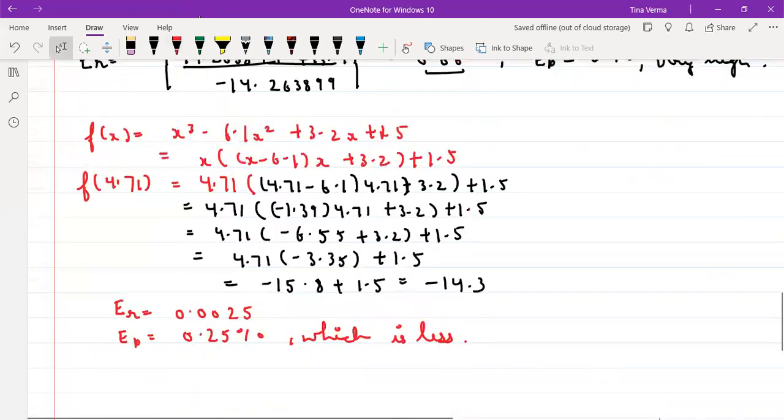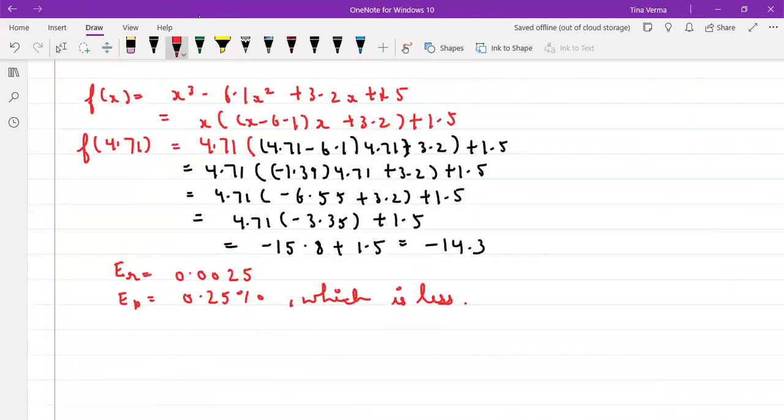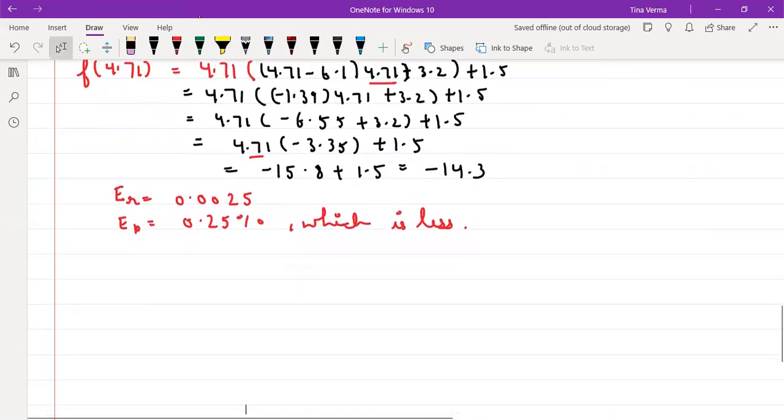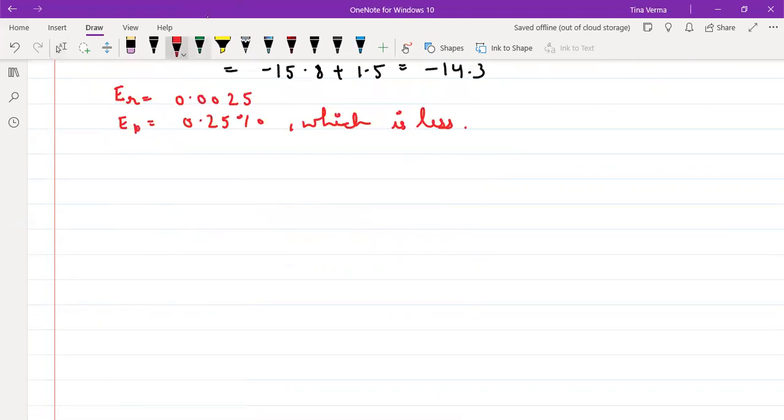And now you can notice over here, we have just addition and subtraction, and we have just multiplied. This was the term, 1 time I have multiplied. So I have used 2 times multiplication, and in the previous one I have used 6 times multiplication. So the error was more in the previous case, right? So you can rearrange the terms to save your accuracy in your calculations.